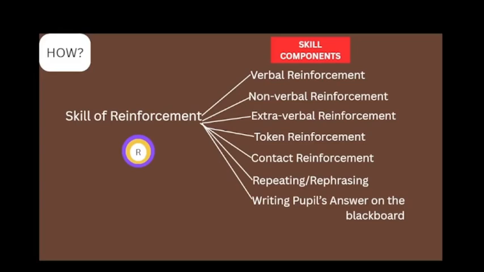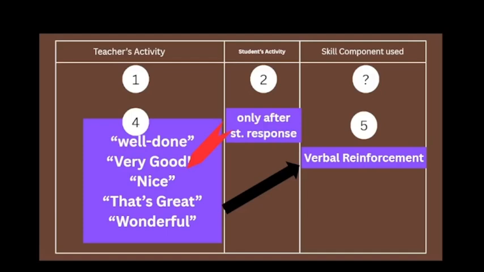This can be done by giving some inputs after the student's responses, and these inputs can be of different nature, such as verbal, non-verbal, extraverbal, tokens, contact, by repeating or rephrasing something, or by writing the student's responses on the blackboard. Let us take one by one with some examples.